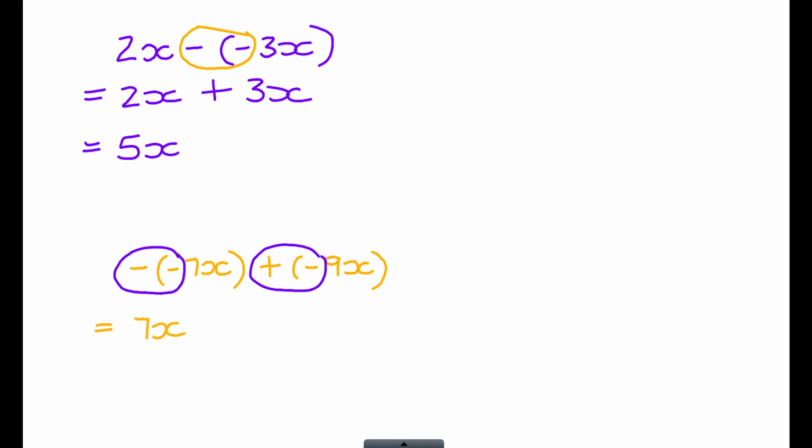Then a positive times a negative is going to give me negative 9x. Are they like terms? Yes, so I am allowed to subtract. And 7x minus 9x is going to give me minus 2x. Good.